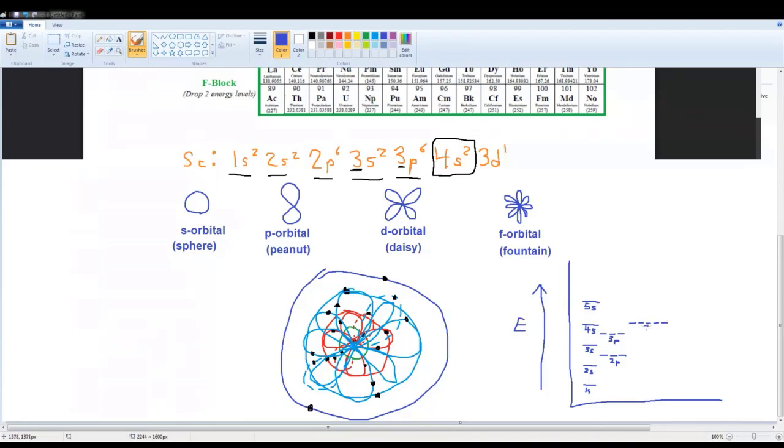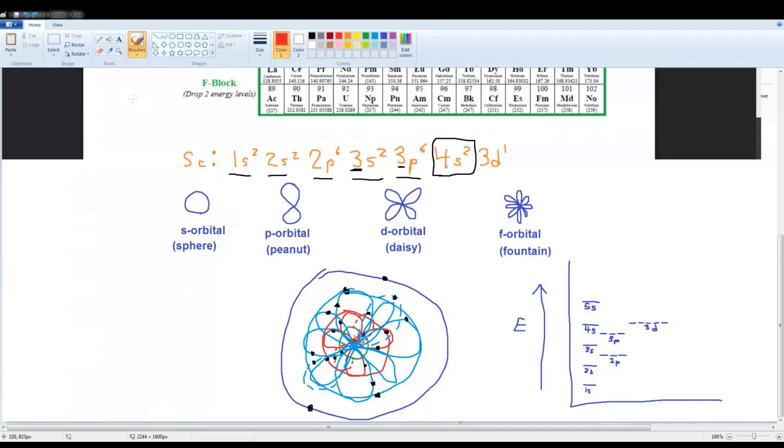Look at where they are. The 3d would be right here. Notice that it is just slightly higher than the 4s. It's a little bit higher energy than the 4s. Not a whole lot, but enough so that the 4s is actually lower energy, which is why the 4s gets filled first.